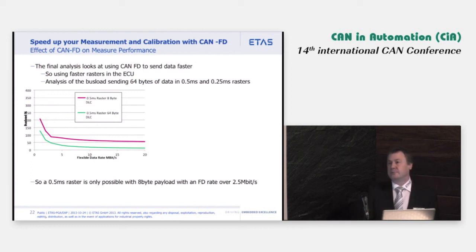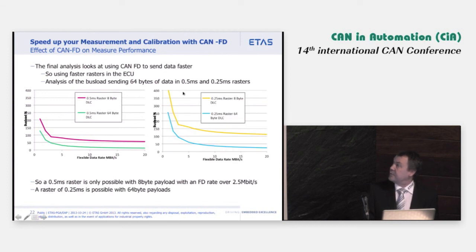It's not possible. I cannot send this amount of data this fast. If I start increasing the flexible data rate, it's possible with the 8 bytes at 5 megabit per second. With 64 bytes, I'm down to about 30% bus load. This becomes feasible. I can now start to use this to measure faster out of my ECU.